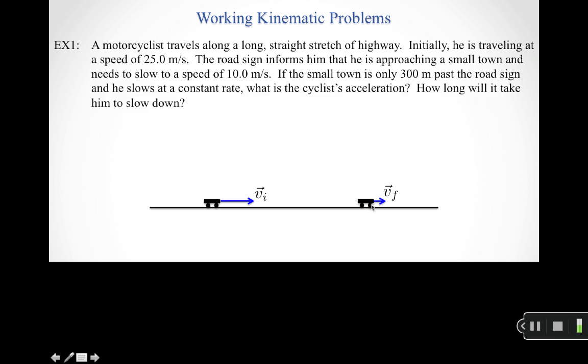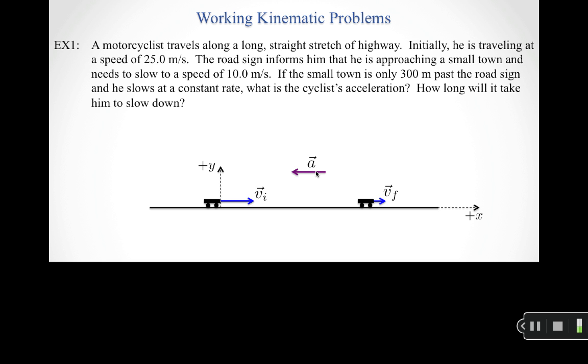Here he is 300 meters further down the road, so here's his final velocity. I know that since he's slowing down, the acceleration is going to point back in the opposite direction. So again, I don't know what this value is, but I do know what direction it has to point because the motorcyclist is slowing down.